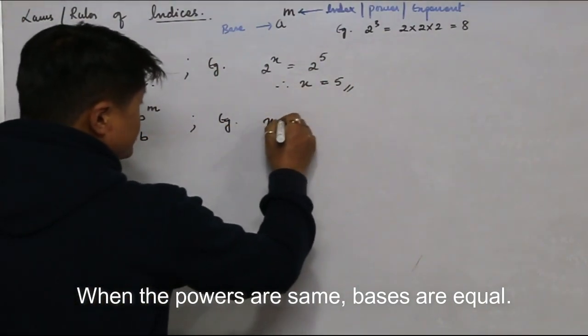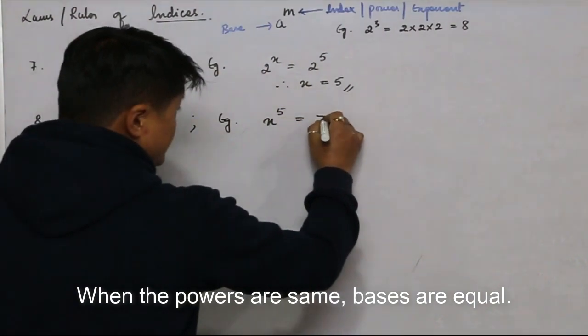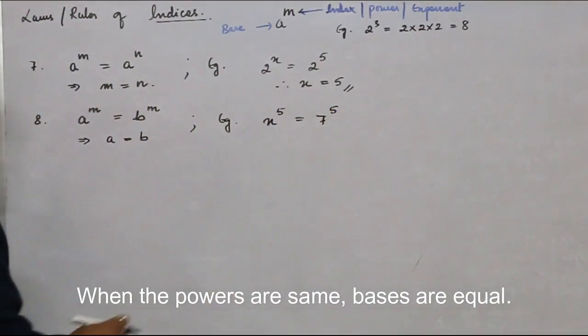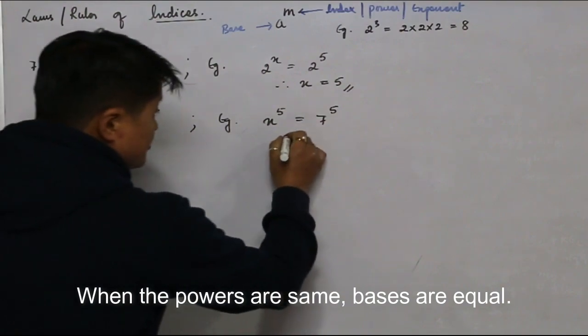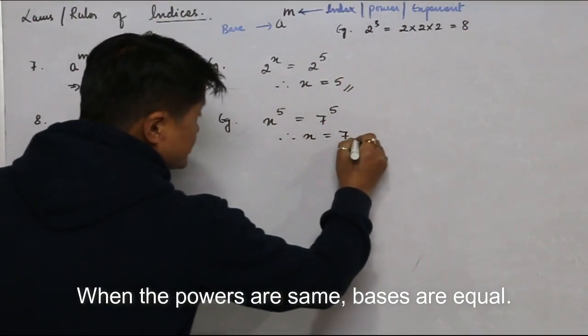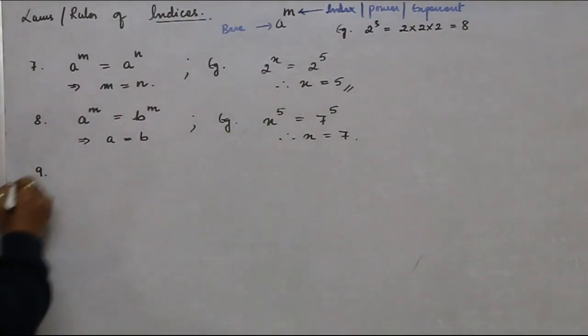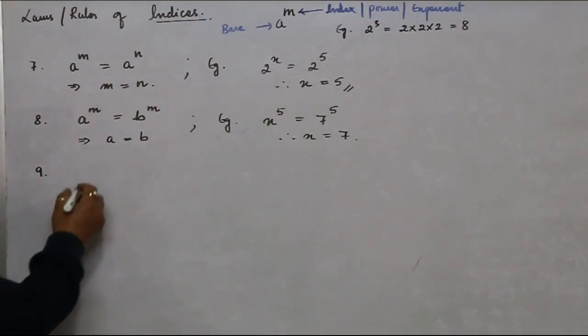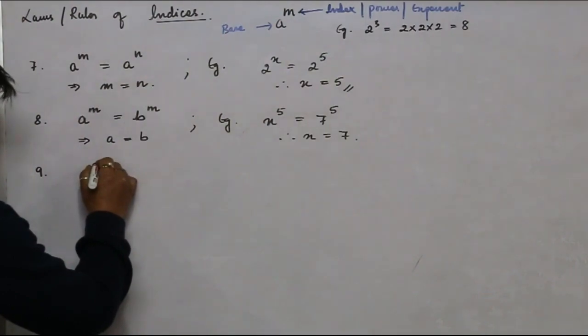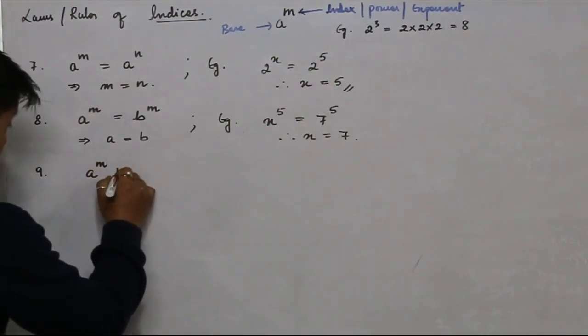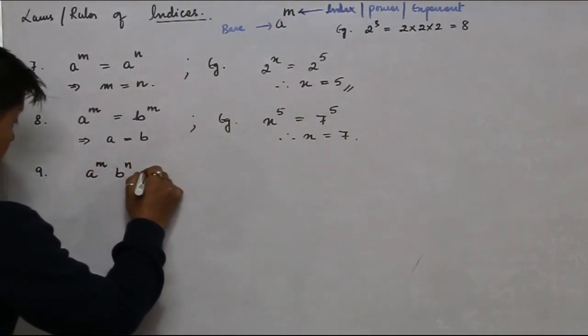Example, we can write x to the power 5 is equal to 7 to the power 5. We can notice the powers are the same, therefore x is equal to 7. Clear?